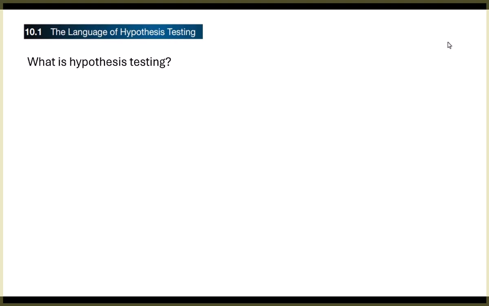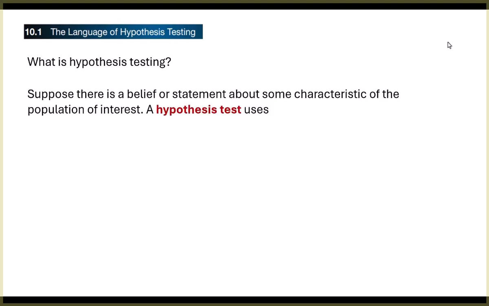We're not making a guess anymore. We're trying to prove something's wrong. We're testing that. So that's what hypothesis testing is. There's some claim, some statement about the population. For our purposes, it's either going to be an average or a proportion. Now how are we going to do that?